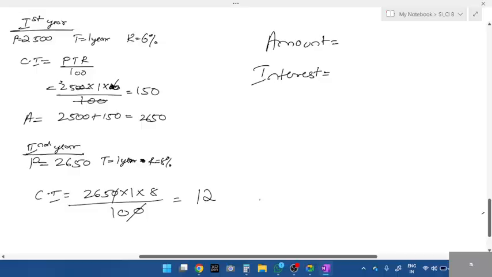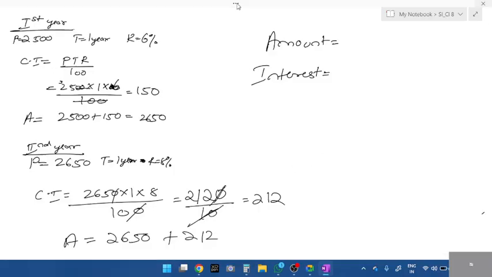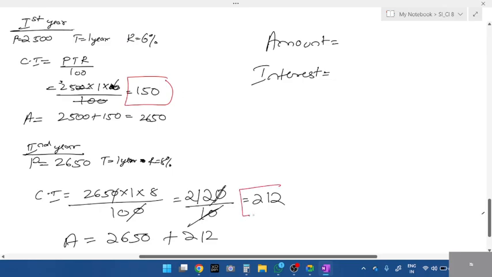What's the answer, students? 265 into 8. 2120 divided by 10. 0 and 0 get cancelled, right? So 212. What is the amount? 2650 plus 212. This is the final amount. And interest, we have two interests. One is 150, the other one is 212. Just add 150 plus 212. Write it in rupees.